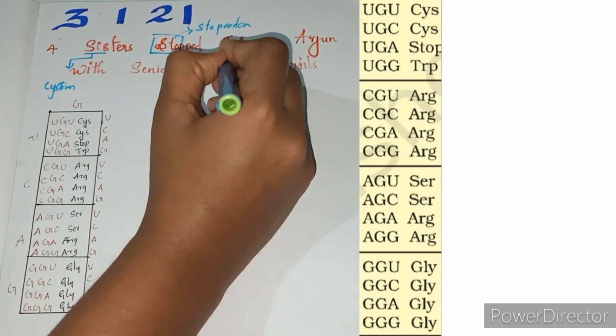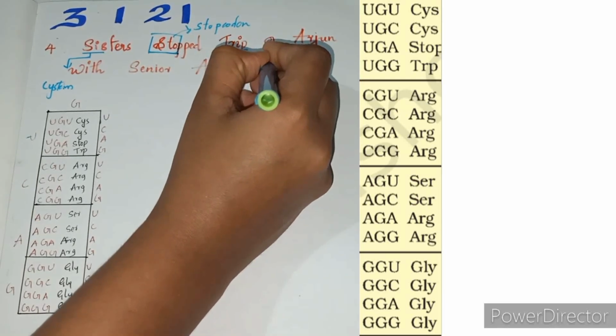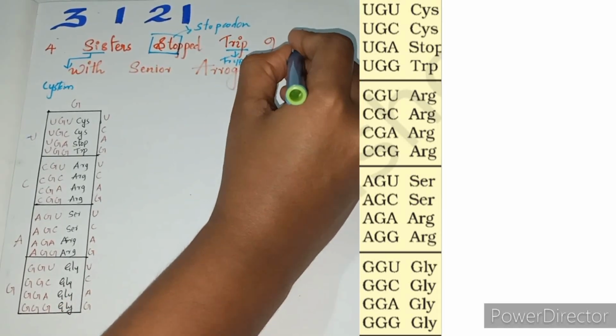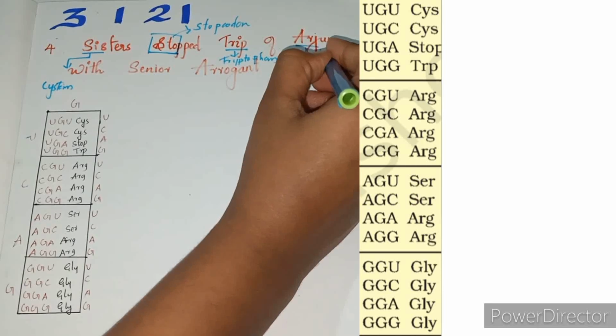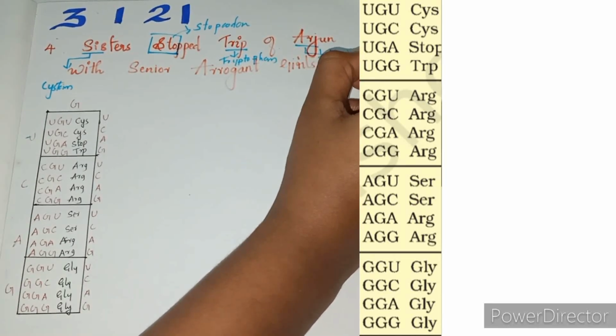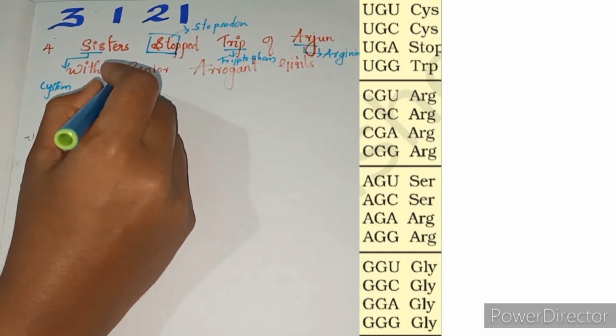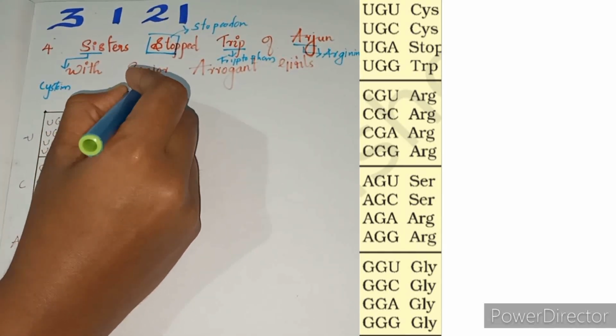Trip for tryptophan. A in Arjun for arginine. With senior, SE stands for serine.